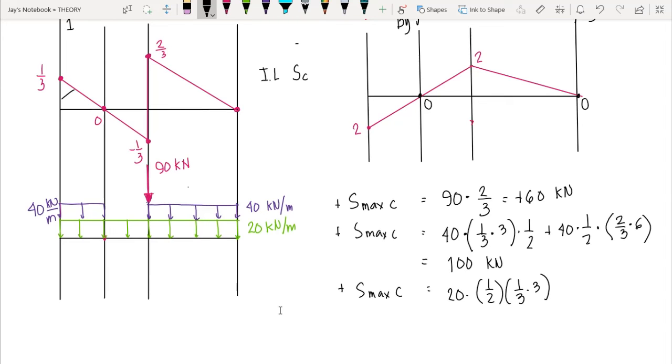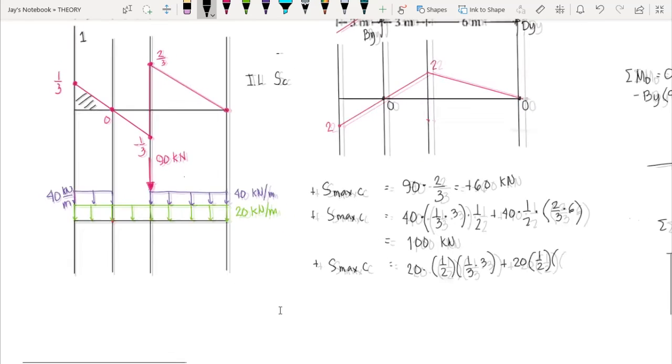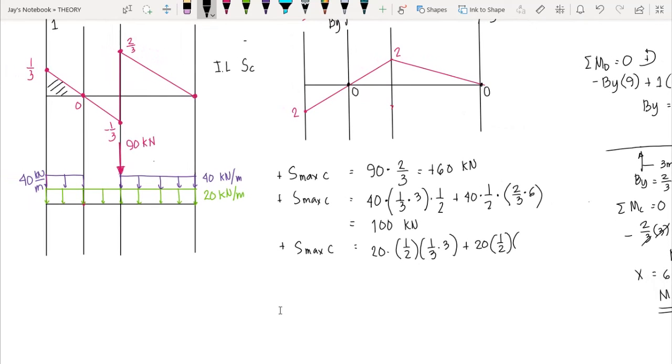Then plus 20 times 1/2 times negative 1/3, that is the height of this triangle, times the width, which is 3, plus, for this region, 20 times 1/2 times 2/3 times the base, which is 6.